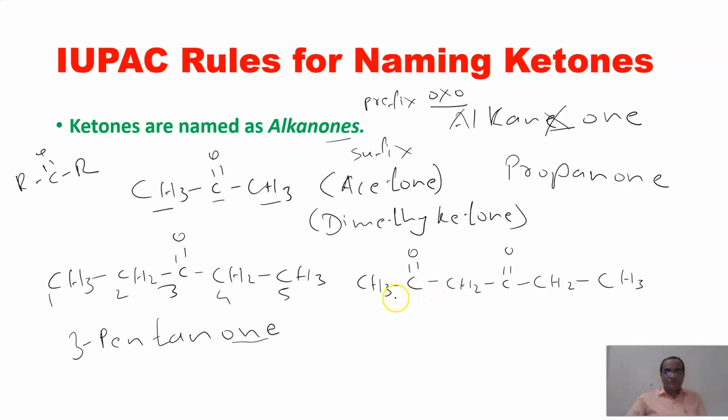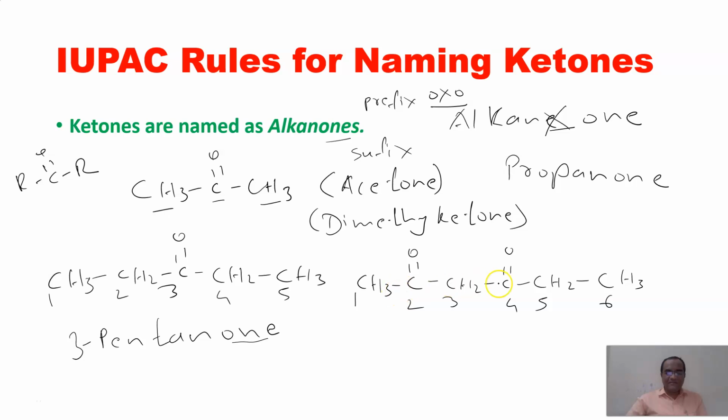I have to choose a numbering. Firstly, select the longest chain. So this is the longest chain. There is no branch, and I have to select the numbering in such a way that I can find the functional group at the minimum position. If I start numbering from over here, it will not be correct. So I have to start numbering from this carbon: 1, 2, 3, 4, 5 and 6. So these are the 6 carbons.